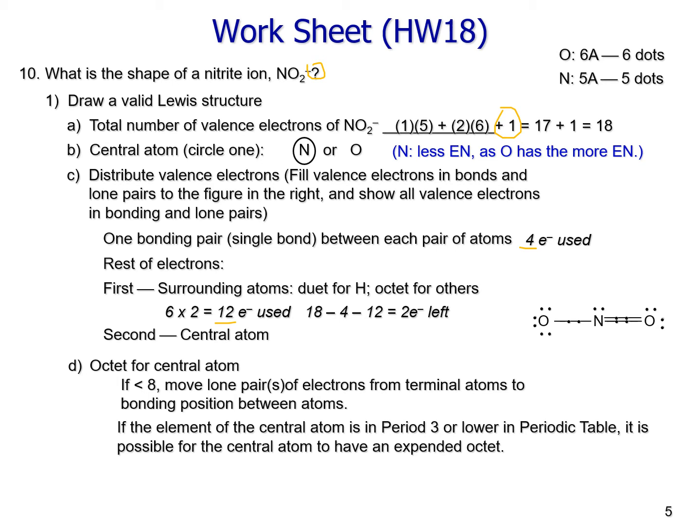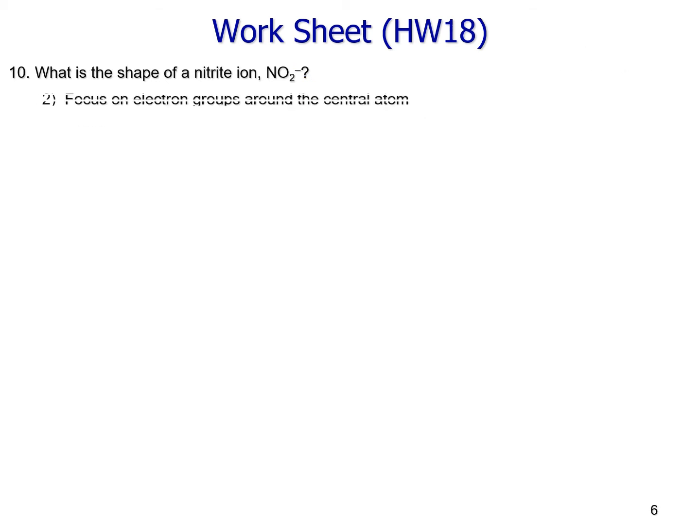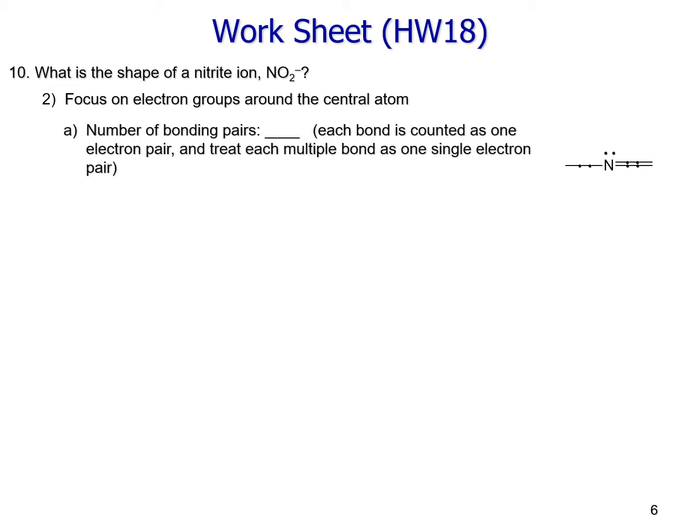And we're going to move on to our next phase, which is counting electron groups on nitrogen. So here I just lay out the electron groups, the bonding situation and lone pair on the nitrogen, the central atom. Number of bonding pairs, how many? I hope you guys determine there are only 2.